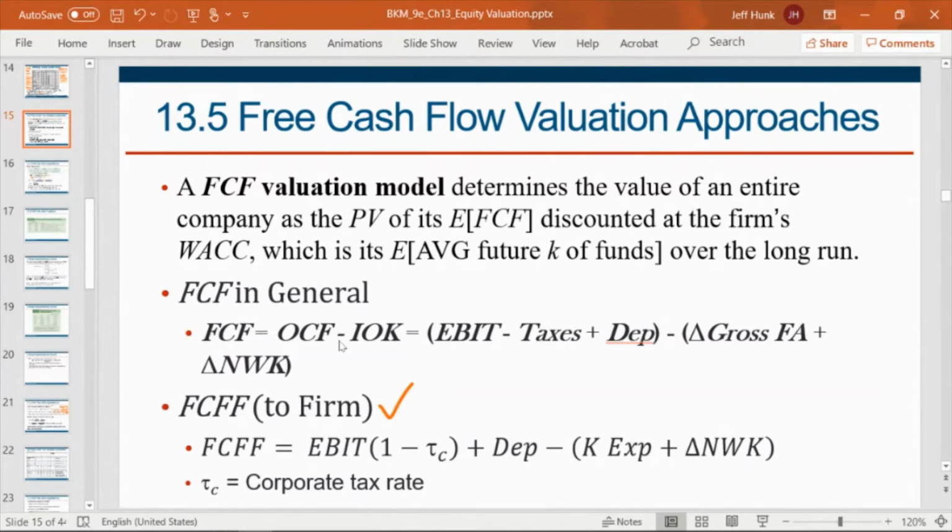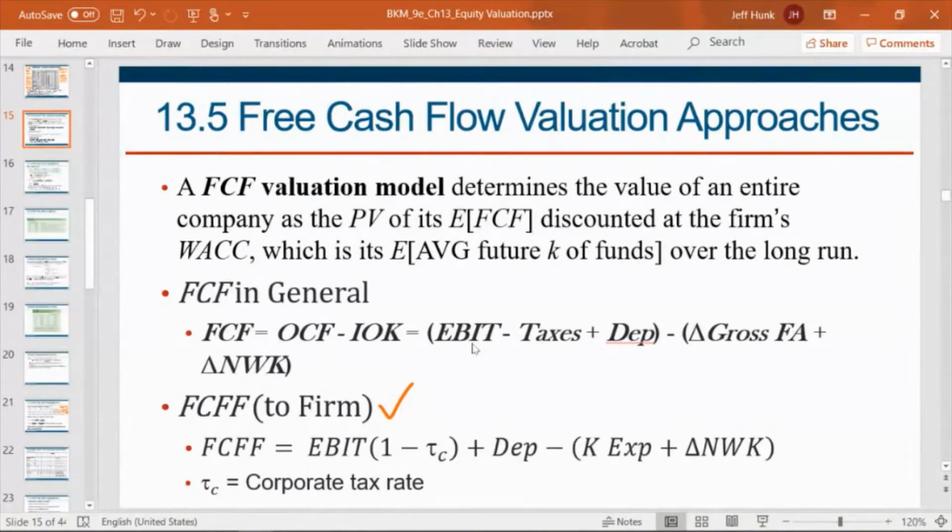Now, what is operating cash flow then? We know operating cash flow is defined as EBIT minus taxes plus depreciation. The first question that might come to your mind is subtracting taxes from EBIT. That makes sense, because EBIT is earnings before interest and taxes, right?